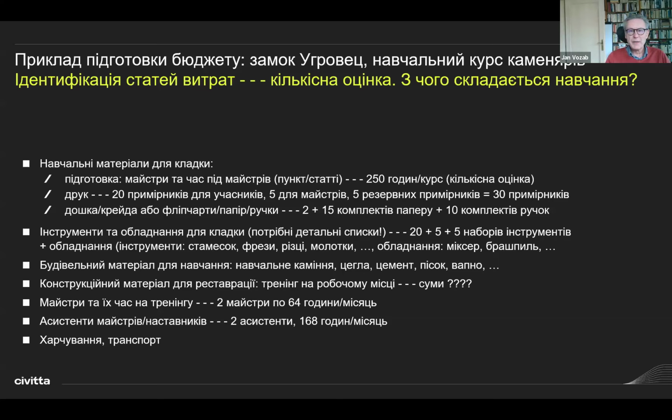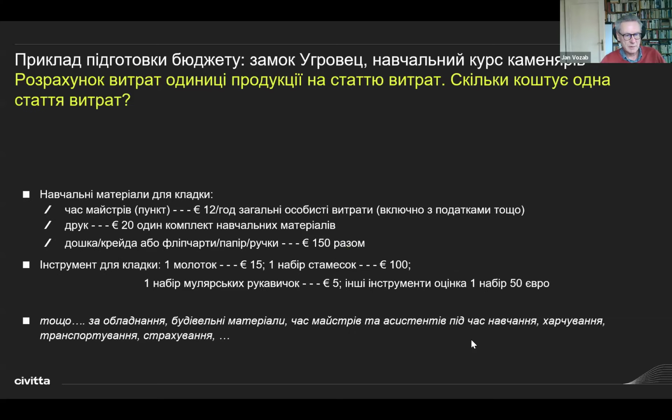Then you have to pay trainers, both the master trainers, who would teach the trainees, and assistant trainers, who would assist and mentor the trainees during the training. And you also need catering and transportation. So you can see on this slide typical cost items of the training project. And this is just one round of the training project.